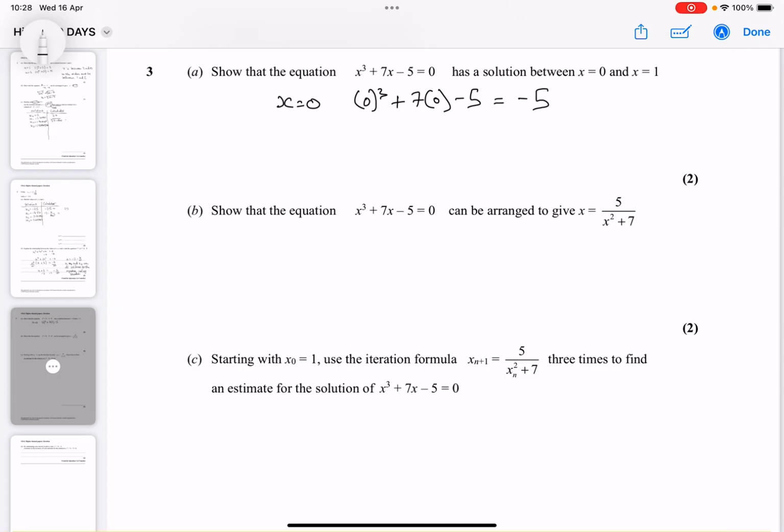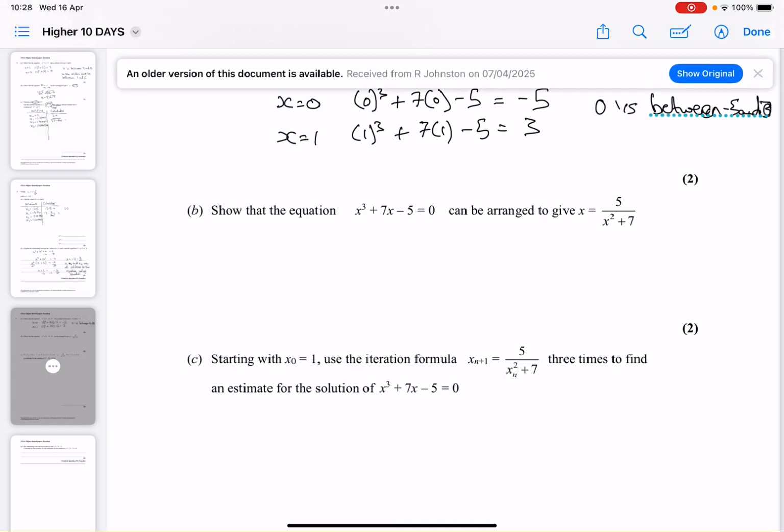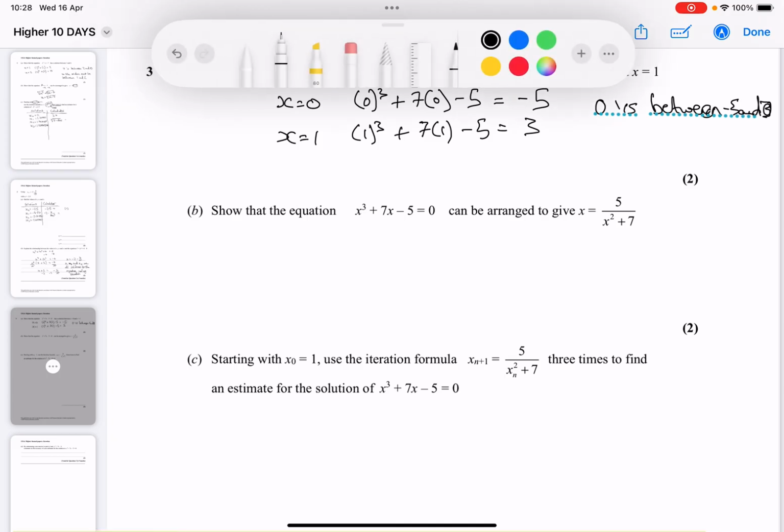That is negative 5. x equals 1, so I've got 1 cubed plus 7 lots of 1, take 5, equals 1 plus 7 is 8, take 5 equals 3. 0 is between minus 5 and 3.